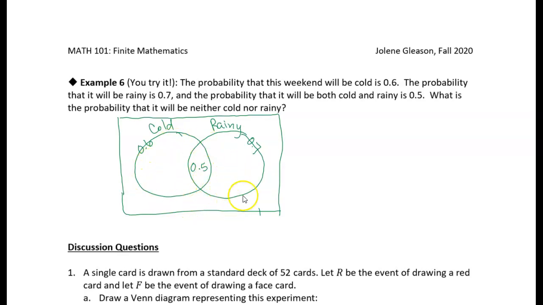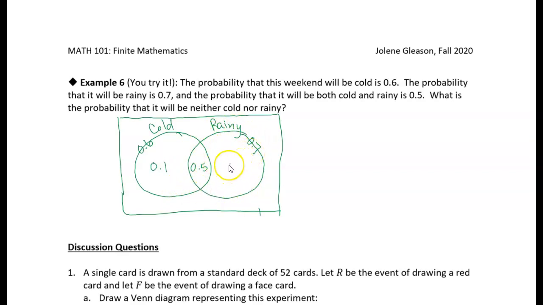All right, so now we can treat this just like a Venn diagram. So just normally, just the way we do any other Venn diagram. So I know that everything in the cold circle has to add up to 60%. So there must be a 10% chance, or 0.1 probability, that it will be cold but not rainy. Everything in the rainy circle has to add up to 0.7, right?